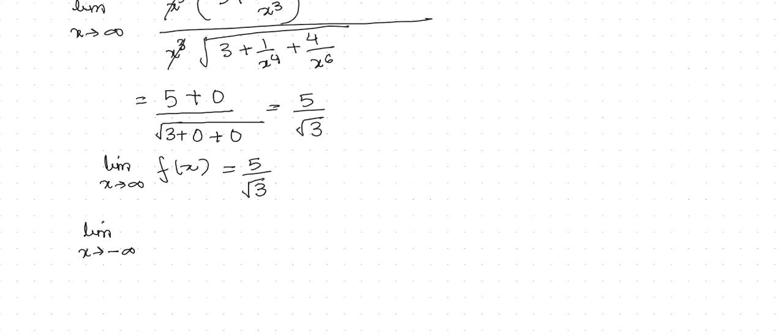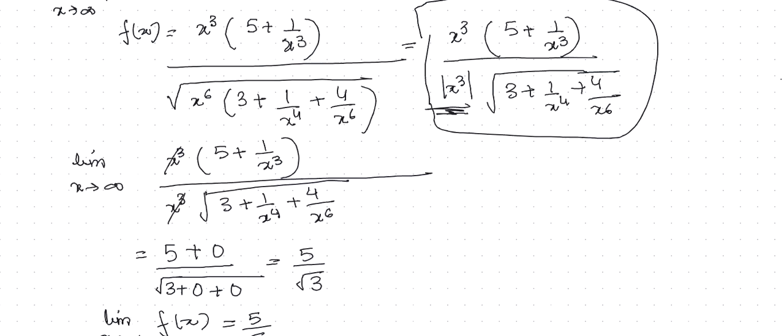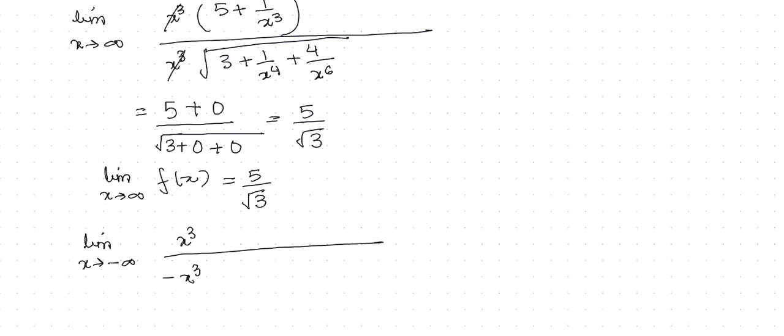So this would be negative x cube times 5 plus 1 over x cube, over the square root of 3 plus 1 over x to the 4, plus 4 over x to the 6.